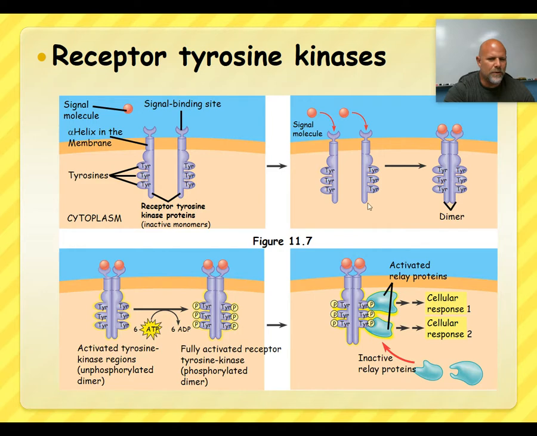When they do that, those 2 will drift in the cell membrane together and form a dimer. When they form a dimer, that activates the tyrosines to become phosphorylated. Then our tyrosines become phosphorylated. That makes them fully active. They then will activate relay proteins that are going to start the transduction cascade that's going to make its way from the surface of the cell to the nucleus, where it's going to activate some sort of response.